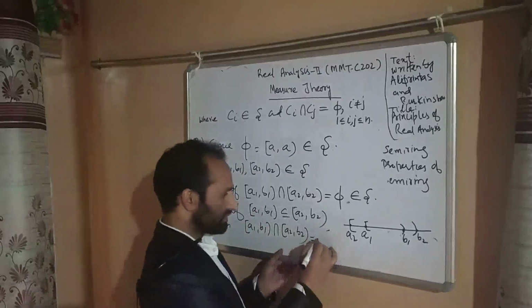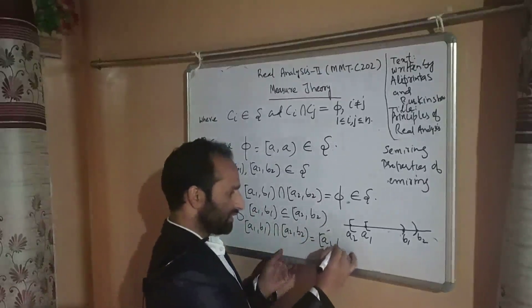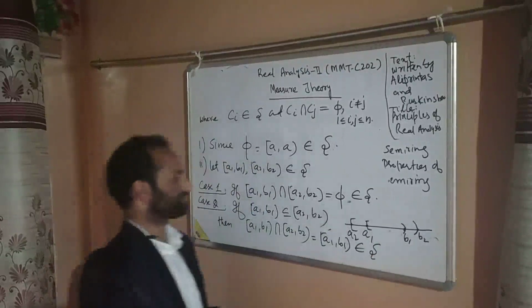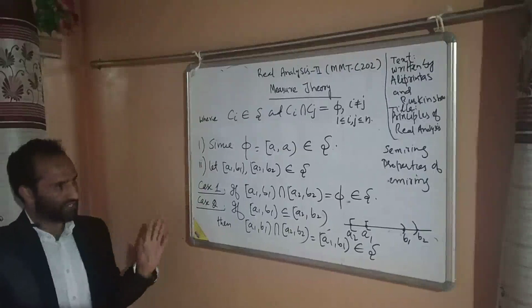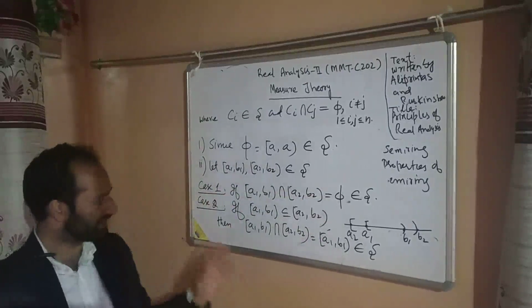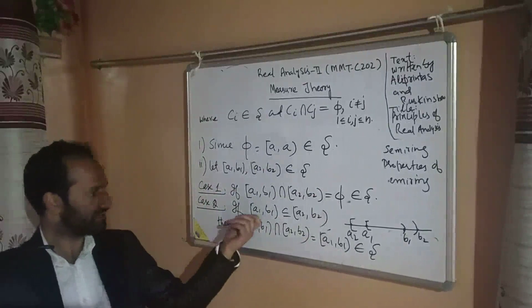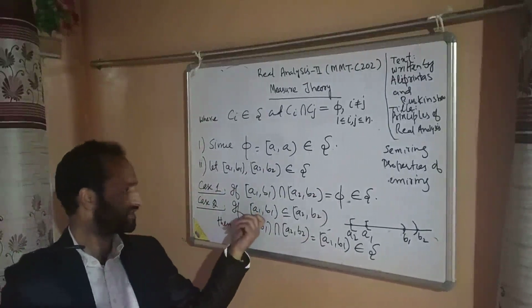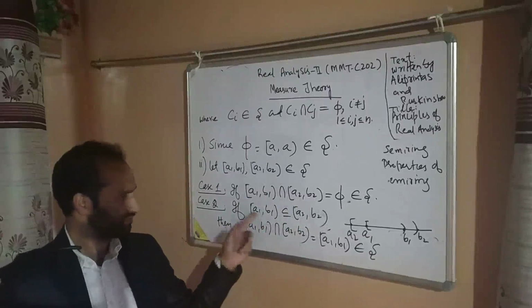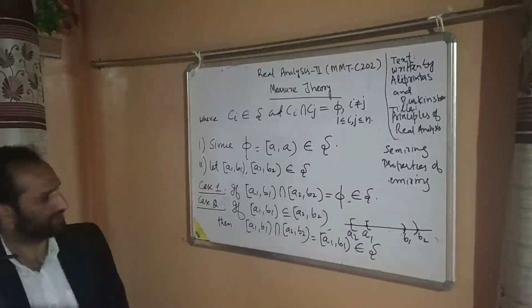It's equal to A1, B1, which is a member of S. So first case, if they are disjoint, then the intersection is a member of S. Second case, if one of the semi-closed intervals is a subset of the other, then the intersection is that one, which is a member of S.